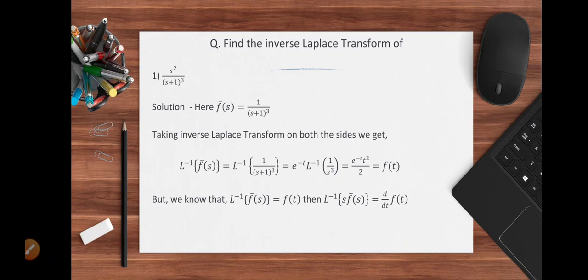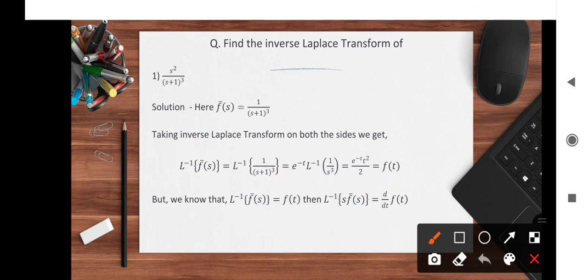So you have to write here the result we are going to use, but we know that L inverse of f bar of s is equal to f of t, then L inverse of s into f bar of s is equal to d by dt f of t. Now here in the given example, this function f bar of s is multiplied by s square.